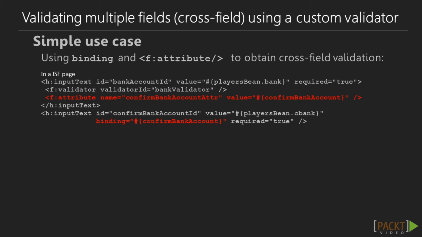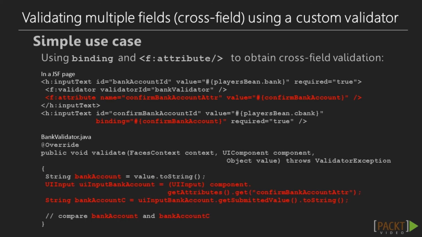A quick approach will involve the binding attribute and the f:attribute tag handler. Via the binding attribute, we can bind the confirmation component to the current view, and via the f:attribute, we can attach the bound component to the parent component of this f:attribute. Further, in the validator, we have access to the confirmation of the bank account via this attribute.